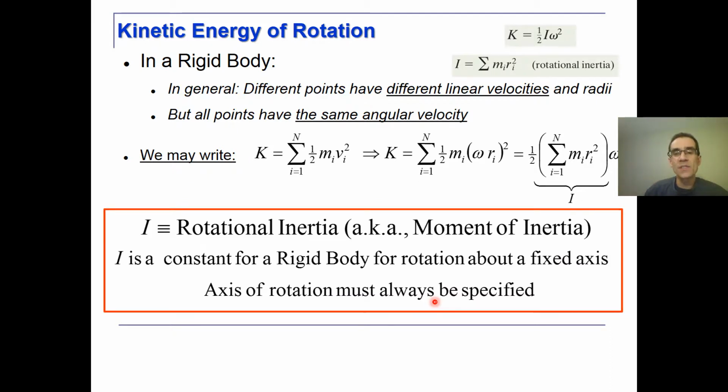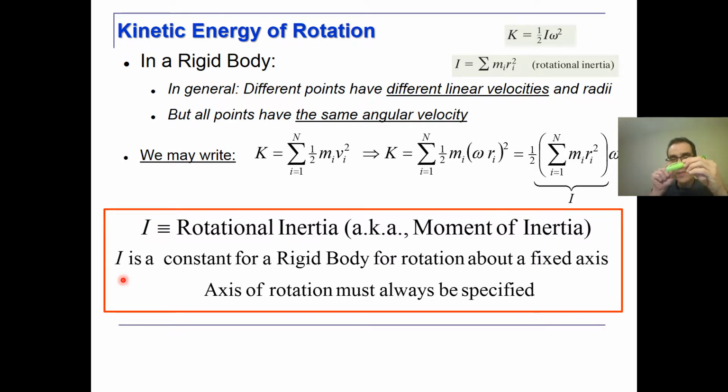Sometimes you will see this called the moment of inertia. See, the moment of inertia or the rotational inertia is a constant for a rigid body because the distribution of mass is fixed, and every little element of mass you can multiply by the distance from the axis of rotation, and you can talk about the rotational inertia of a rigid body for rotation about a fixed axis.